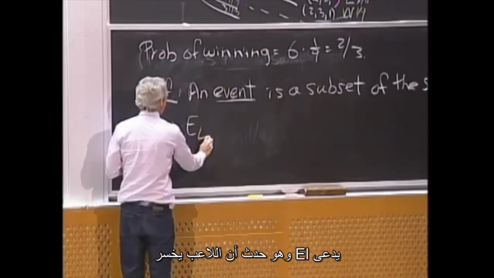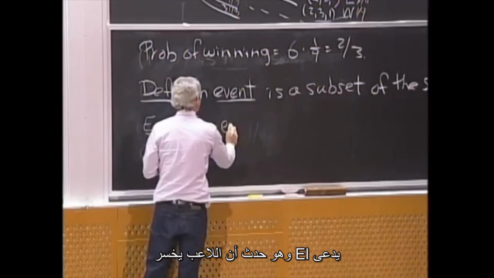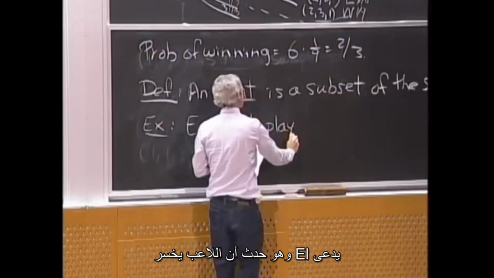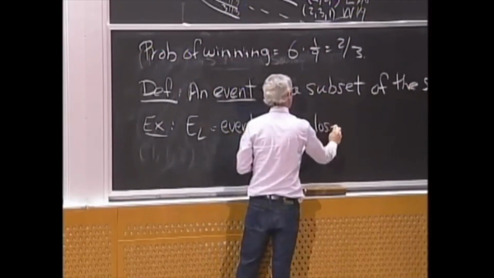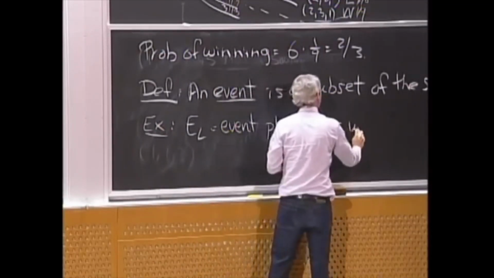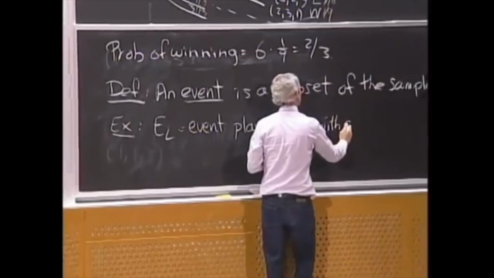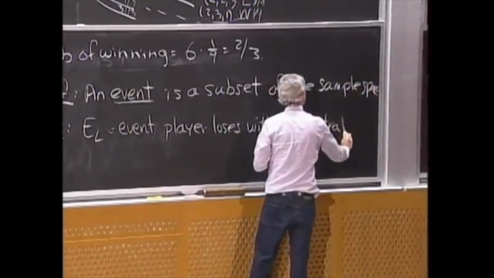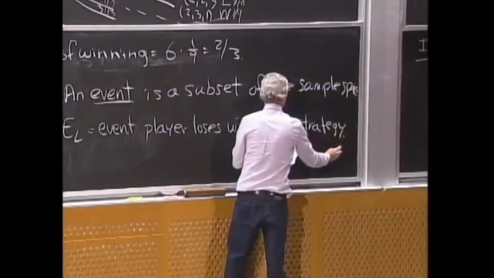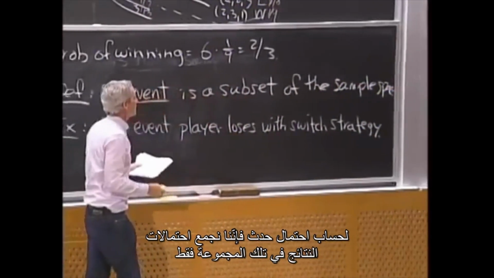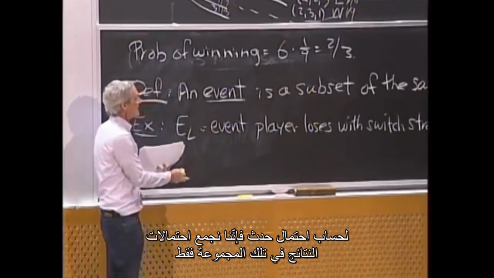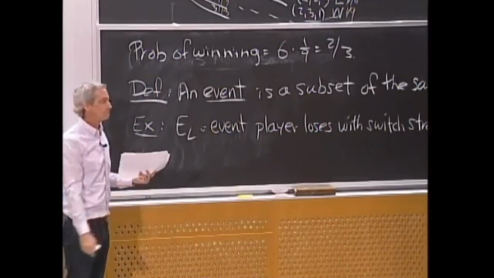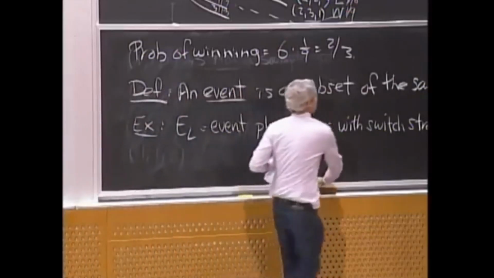Let's call it E_L, for losing, to be the event that the player loses with the switch strategy. All right, now to compute the probability of an event, we just add the probabilities of the outcomes in that set. All right, so let's put that down.